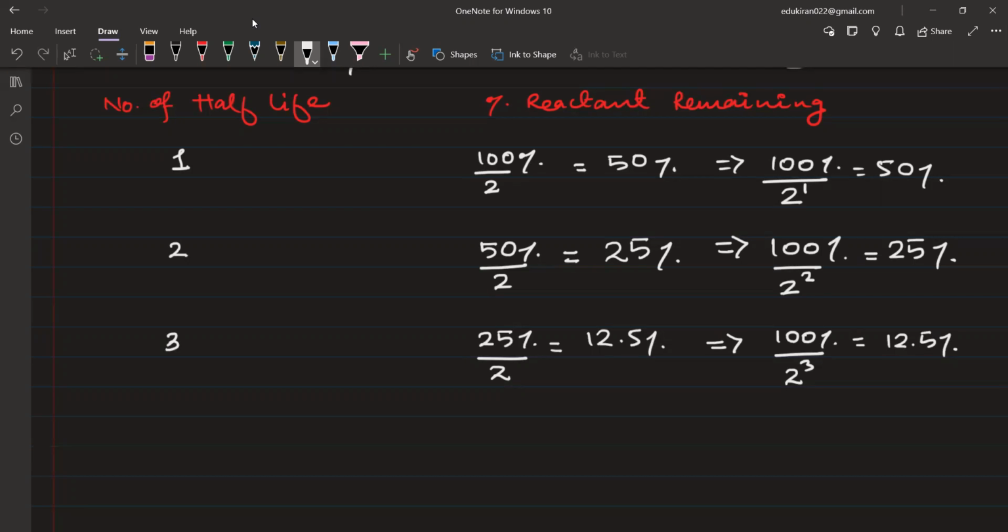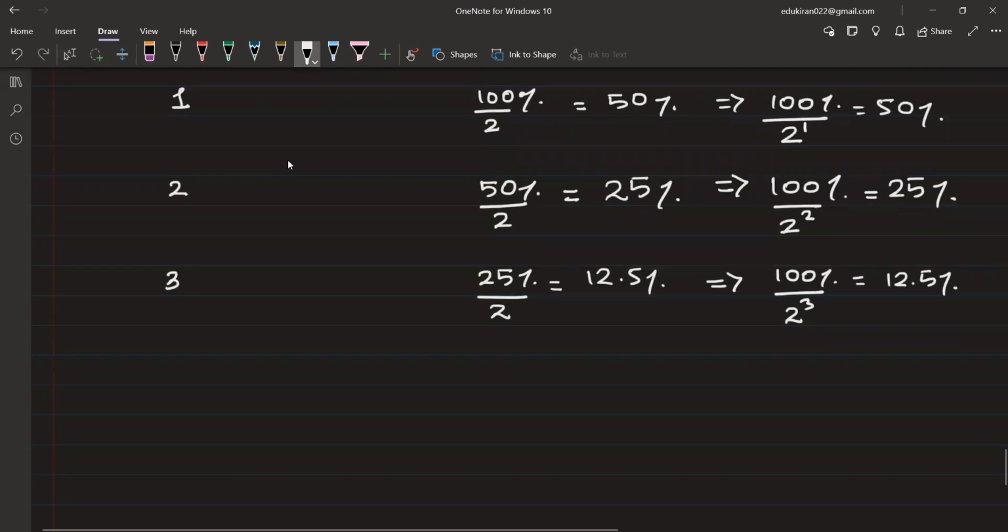That means if we are in the nth half-life, then I can write this as 100% divided by 2 to the power of n, which is equal to the percentage of reactant remaining.